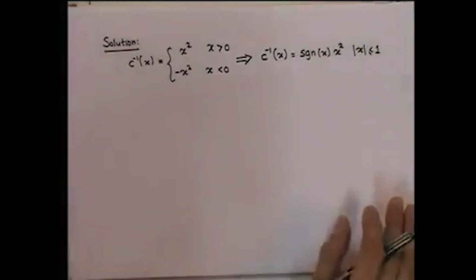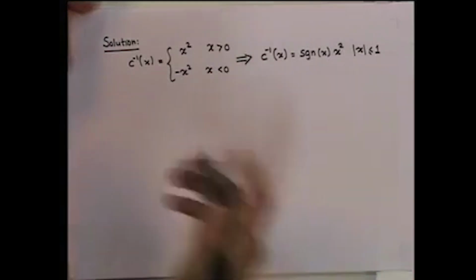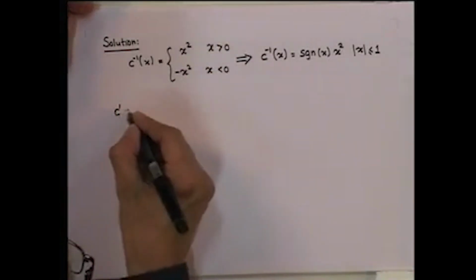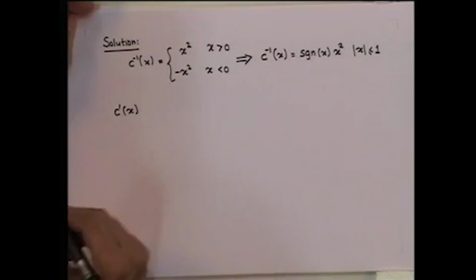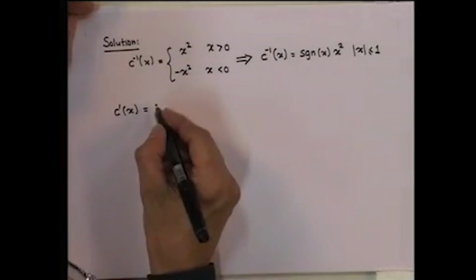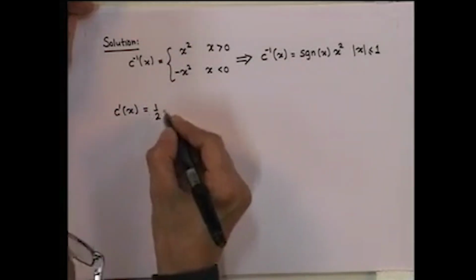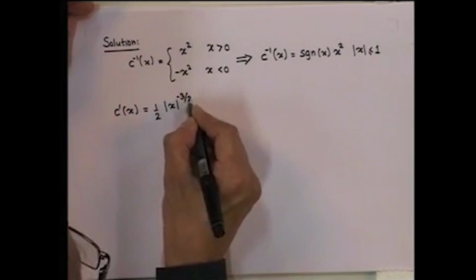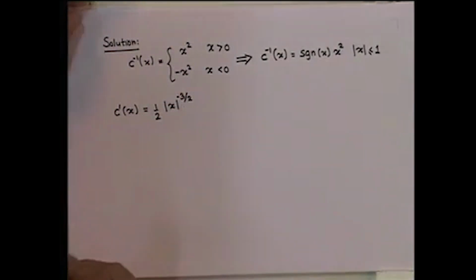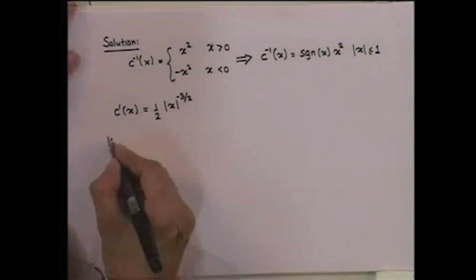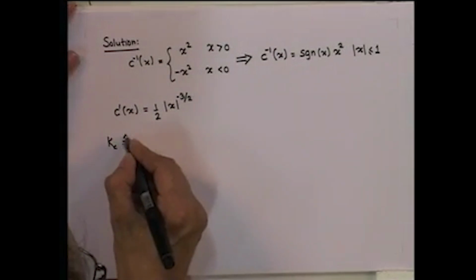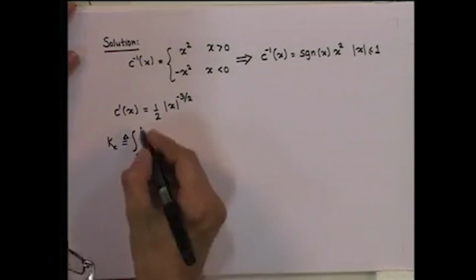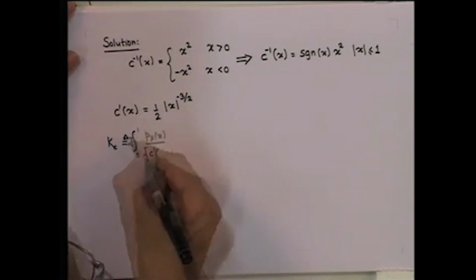And to calculate the signal to quantization noise ratio, the first step would be to calculate C dash x, which in this case is equal to half mod x minus 3 by 2, and K C can be evaluated as follows.